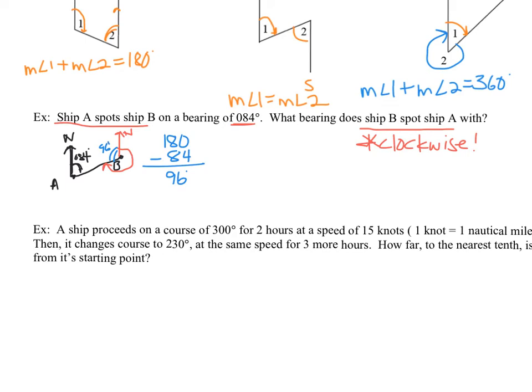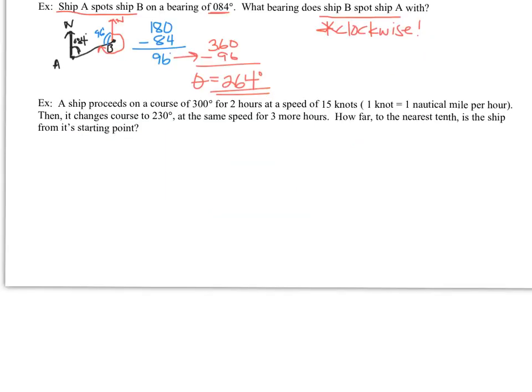And if that angle's 96, but the bearing we're looking for is the angle in red from B back to A, well now those two add up to 360. So if we take 360 minus 96, the bearing from B to ship A would be 264 degrees. That's the course or bearing at which ship B would spot ship A.